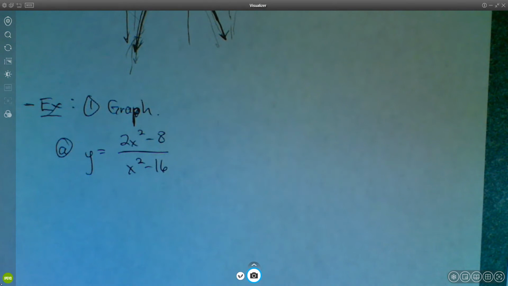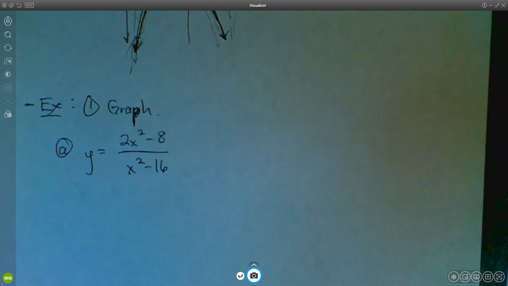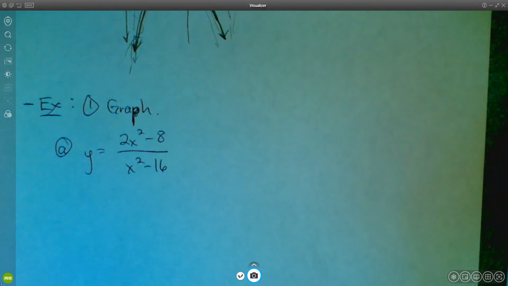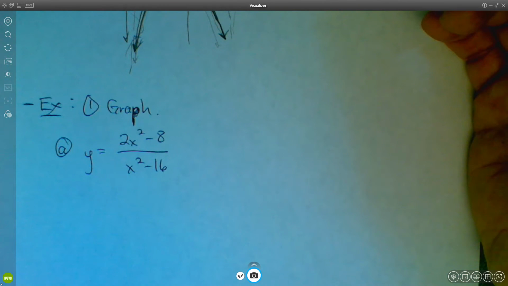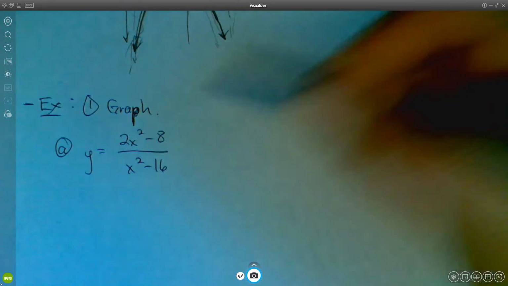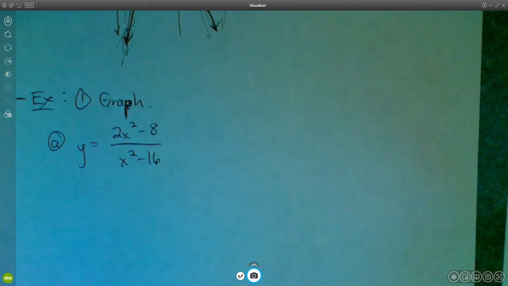I'm going to find the intercepts, find the vertical asymptotes, and look at the end behavior. And then in addition to that, I'm going to look at some derivatives and try to figure out where my relative extrema are, where my inflection points are. Okay, and then based on that information, I'll have some good framework to be able to graph this function. So let's get to it.